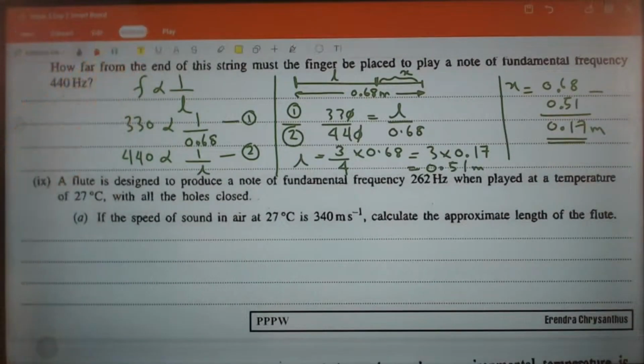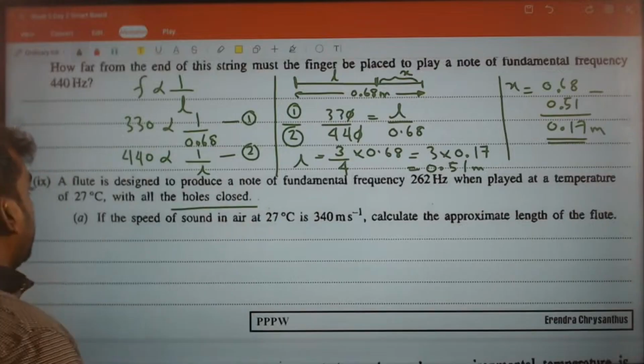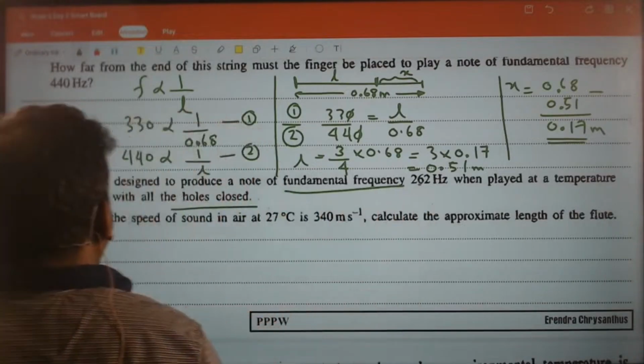A flute is designed to produce a note of fundamental frequency 262 Hz when played at a temperature of 27 degrees with all holes closed. The speed of sound in air is 340. Calculate the approximate length.